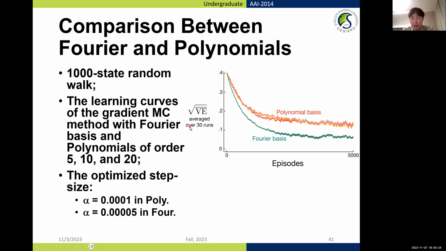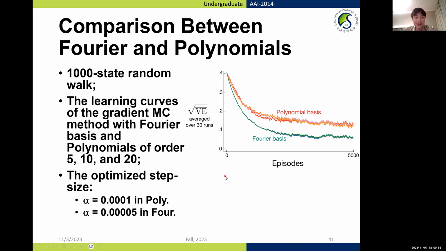If we compare, as I mentioned, if we use the gradient MC method to do the state estimation, similar to the example we have been using, the 1,000 state random walk, and we run this gradient MC method with Fourier basis and polynomial basis with order 5, 10, 20, over 30 runs, then we want to check the value error.